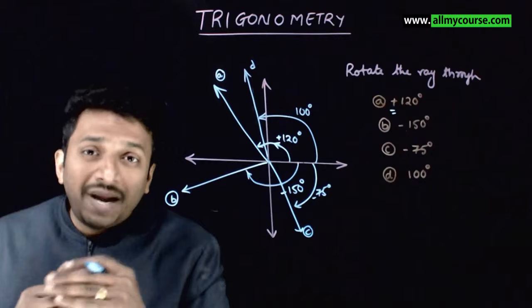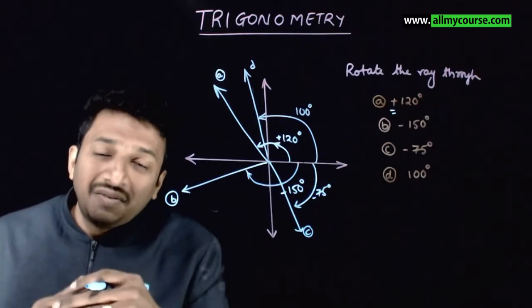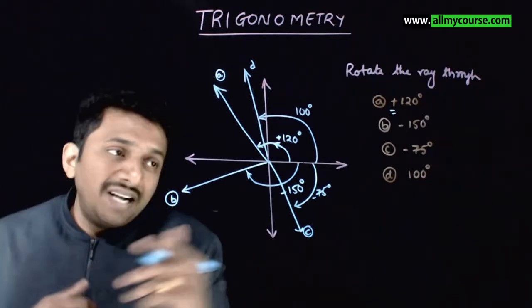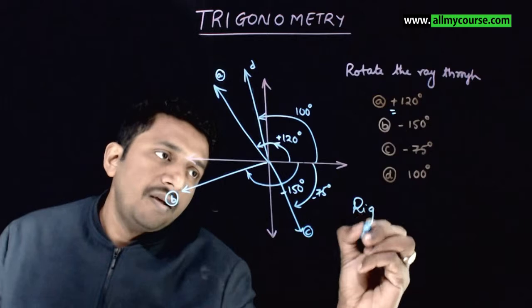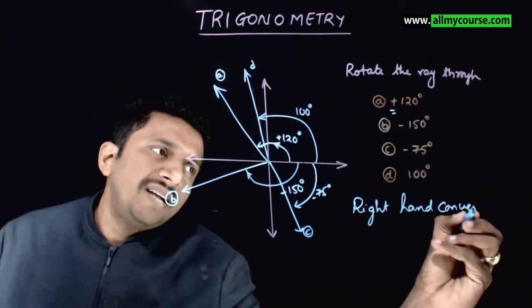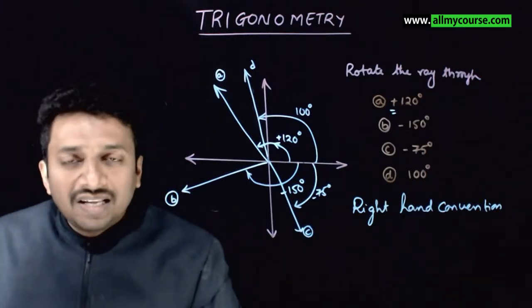And you might be wondering why counterclockwise is taken as positive and clockwise is taken as negative. This system is called the right hand convention. You get this convention in a lot of situations in your 11th and 12th class physics.